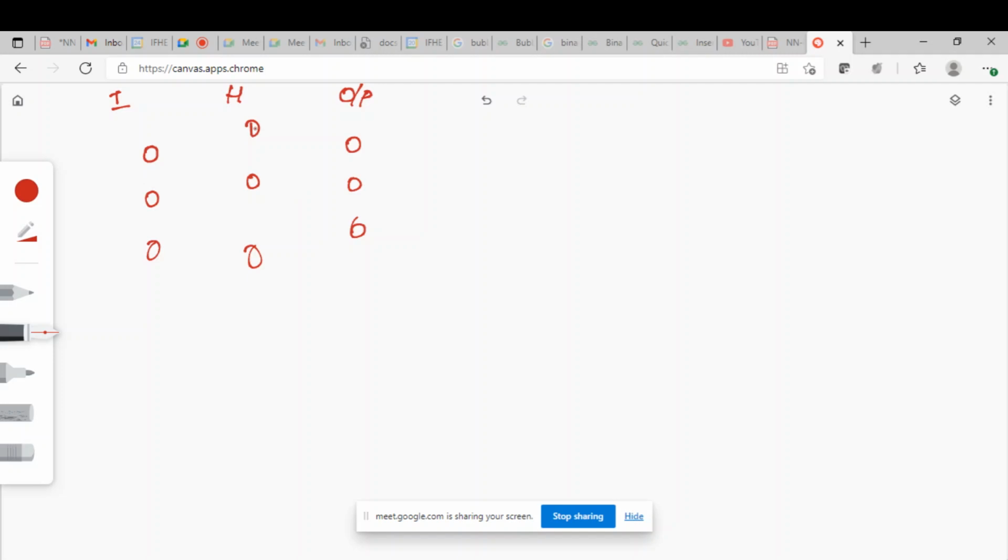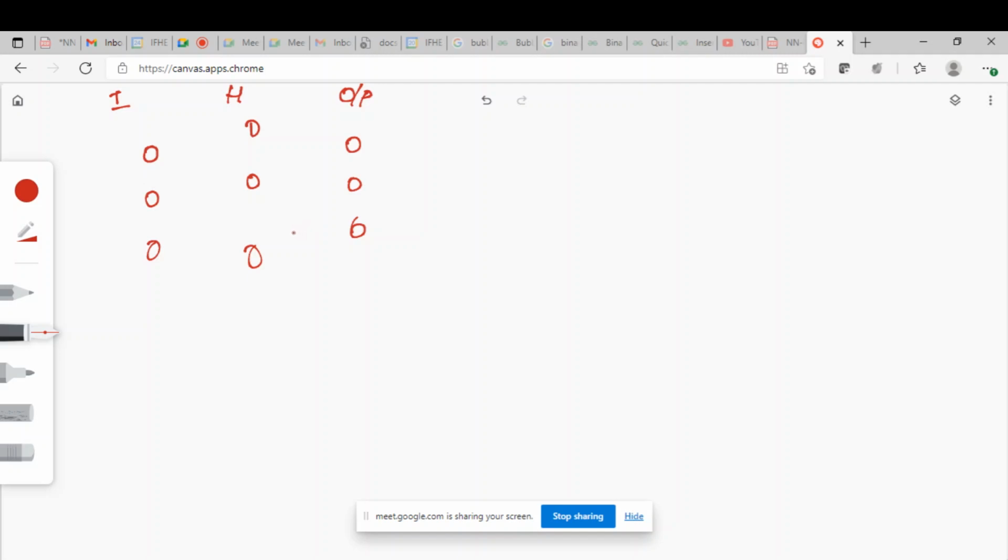For example, this neuron may use log sigmoid activation function. This neuron may use tan sigmoid activation function. This may use ReLU activation function. So there is no hard and fast rule. Again, this is also a design parameter, right?